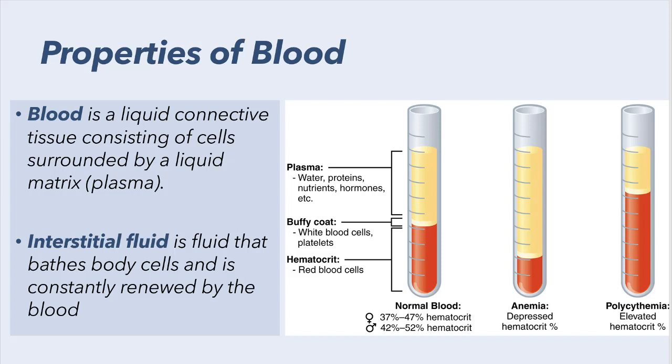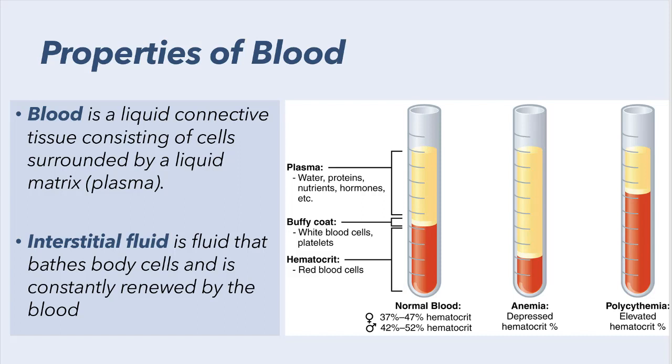So these components will move from the blood into the interstitial fluid and then into the cell. And the opposite is also true for waste or carbon dioxide. The cells are going to transport these things out of the cell into the interstitial fluid and eventually into the blood.